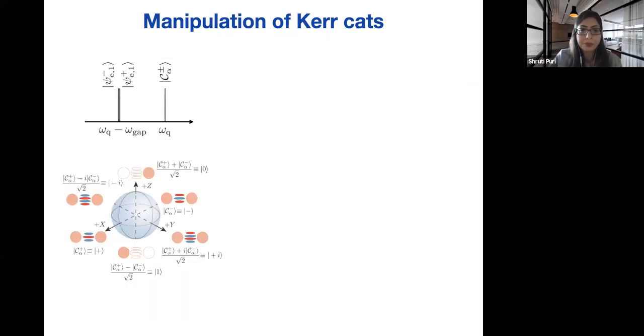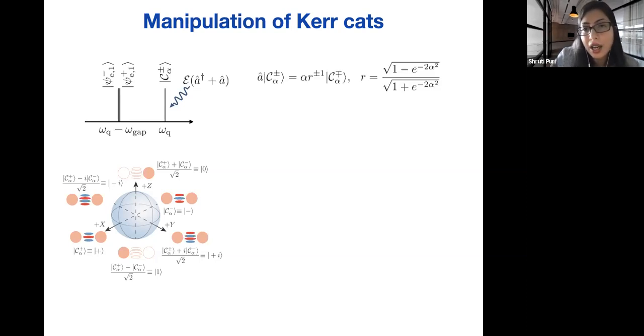Okay. So now I don't just want to prepare cats, I want to do some gates on them. One thing you can do is apply a single photon drive, and you see that if you just apply A to the C plus and C minus states, it's just going to flip the parity. And if you apply A dagger to the C plus or C minus states, it's going to flip the parity, but it can also take you to one of the excited states.